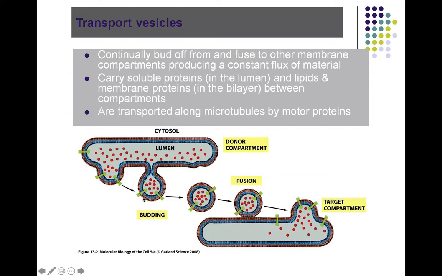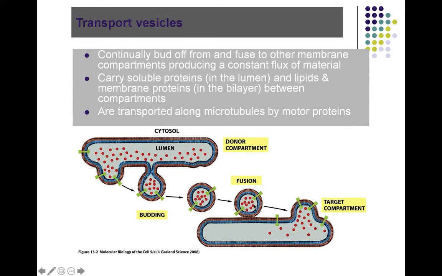Now, the movement of these transport vesicles within the cytoplasm is made possible by the microtubules and by motor proteins embedded within the cytoplasmic space. And once they recognize the target compartment where they will deliver the cargo protein, they fuse with that target compartment, with the target membrane.